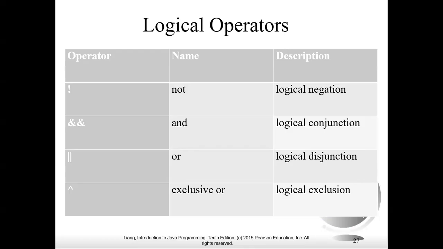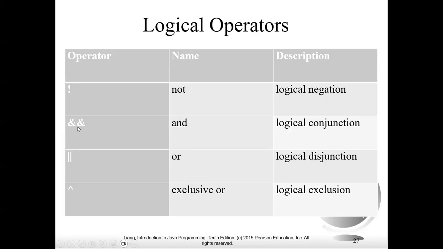And then we're going to introduce some logical operators. The first one, let me check what the name of this symbol is. Oh, that is the exclamation mark, which means not.